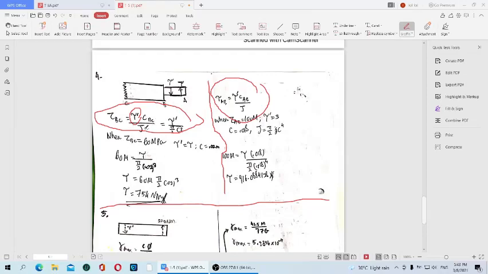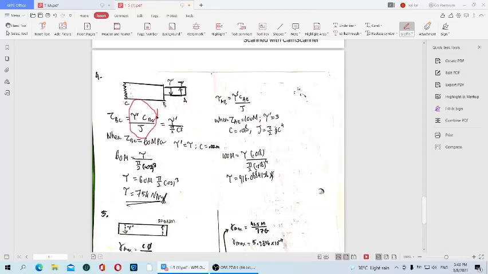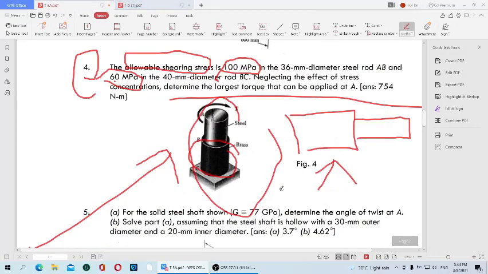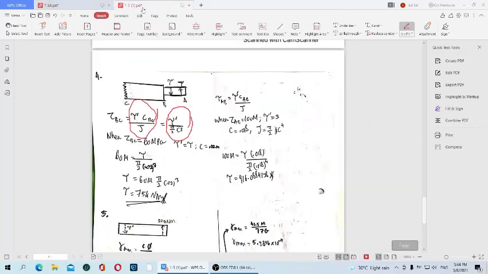You will have the polar moment of inertia for BC, and you simplify this equation even more, then you will get this equation. You include the value of C, which is 0.02 meter, coming from the diameter of rod BC, which is 40, divided by 2 and converted into meter.